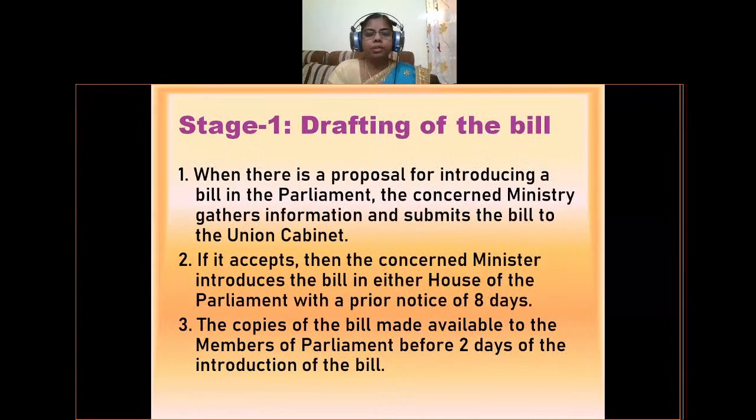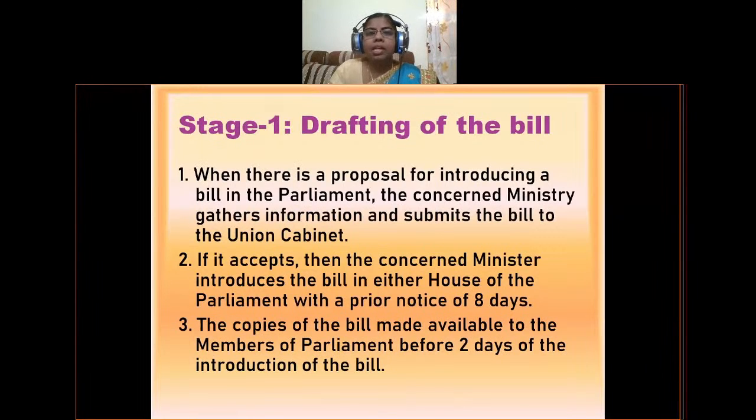Stage 1 consists of drafting of the bill, that means writing or preparation of the bill. When there is a proposal for introducing a bill in the parliament, the concerned ministry gathers information and submits the bill to the union cabinet.